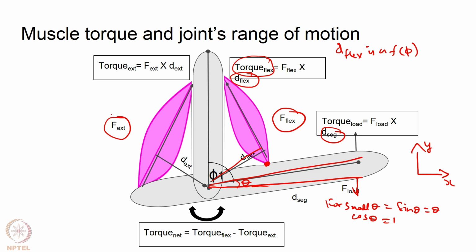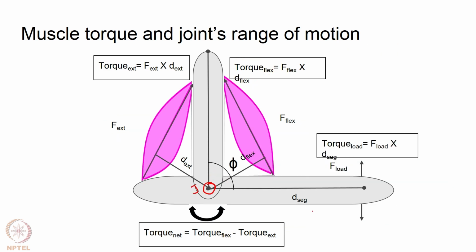And the net torque is basically the vector sum of all the torques that are involved. Essentially, if there is no load, or if you assume that the forearm is massless for the sake of discussion, then the net torque is basically the vector sum of these two torques, the flexor torque and the extensor torque, that is what is being written here.